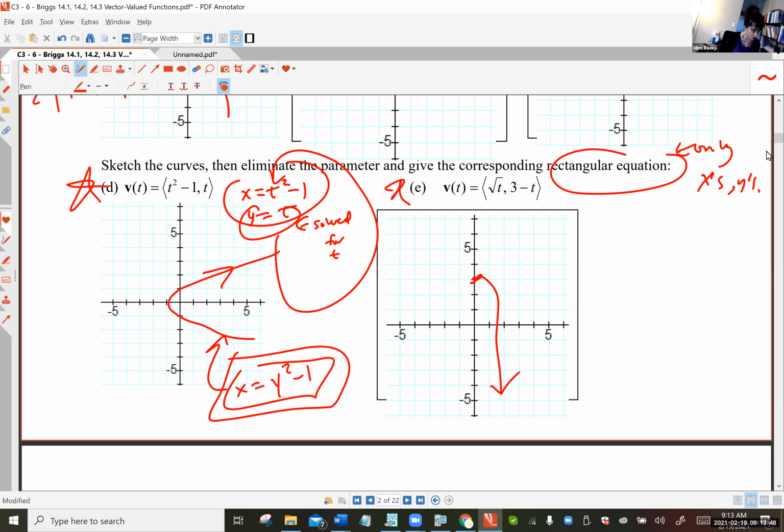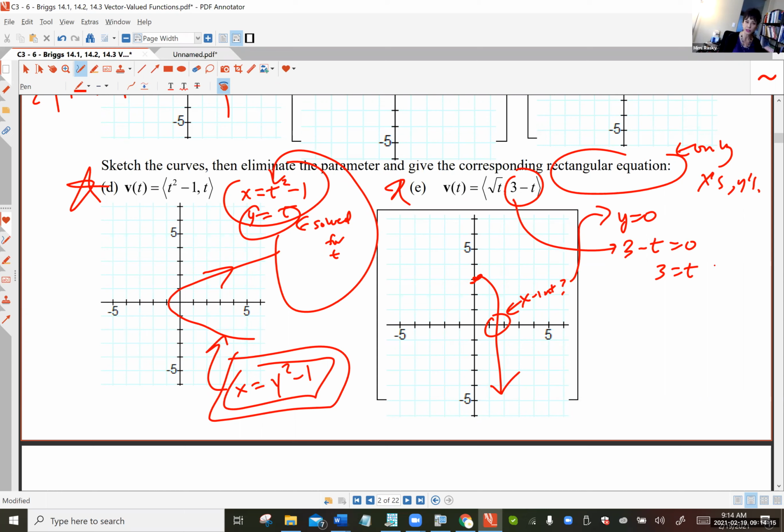So how do you eliminate the parameter? Well, before I do that, how do I get this x-intercept? Anybody have any ideas to get the exact x-intercept? You know that an x-intercept has y equals 0, because that's how you have an x-intercept. So you take your y component and set it equal to 0, then solve for time t.